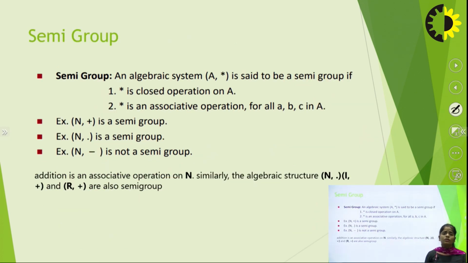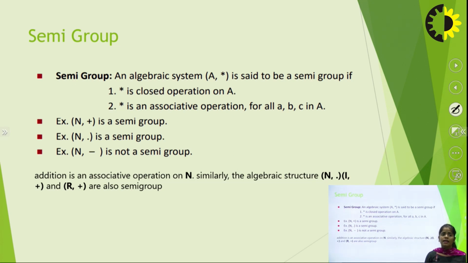Now come to the next thing, that is semi-group. So the first thing is algebraic structure and the second thing is semi-group. So what is a semi-group? A set A with the operator star is said to be a semi-group if it follows two things. First, star is a closed operation on A, meaning the given operator star is closed on the given set.